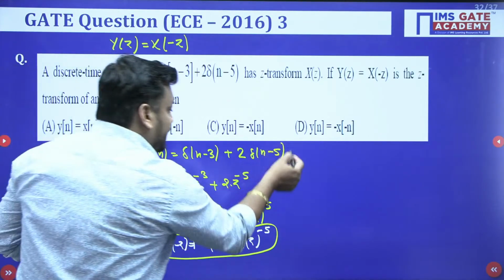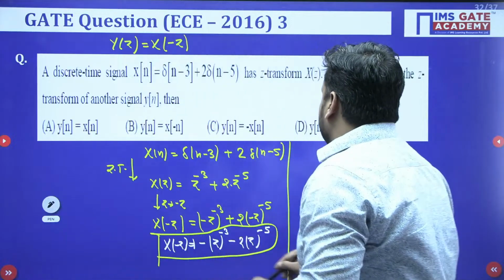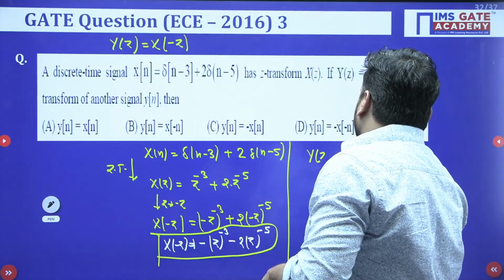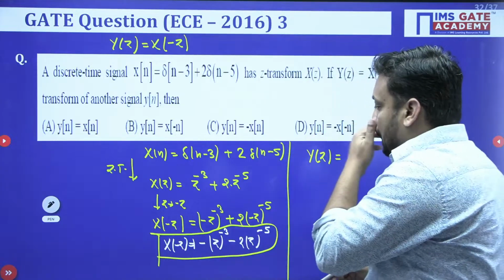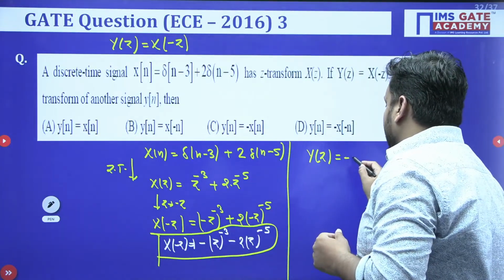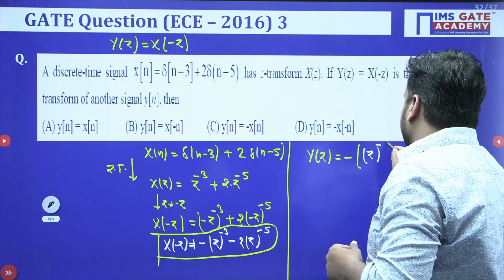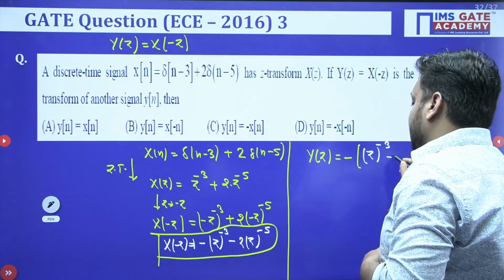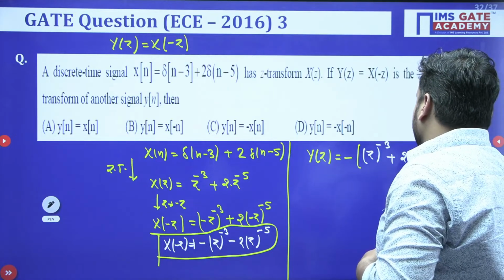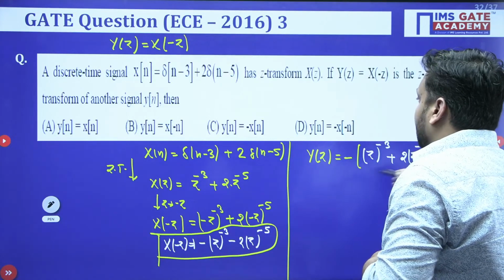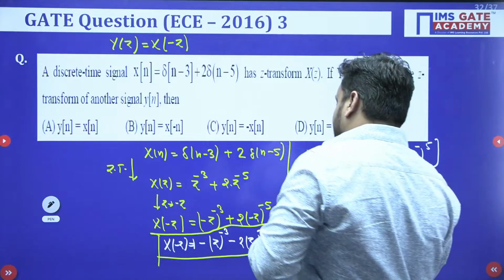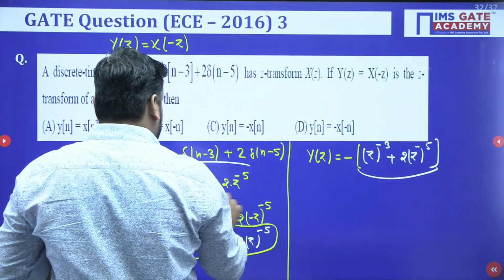And do you know what X of minus z is? X of minus z is equal to Y(z) actually. So your Y(z) is nothing but, when you take the minus outside the bracket, inside the bracket z to the power minus 3 plus 2 z to the power minus 5. And exactly this is nothing but X of z.